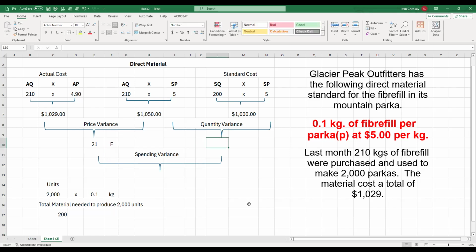Okay. How about here? What's the variance here? It's $50, not good. How are we going to say it? Unfavorable. If the other one is favorable, this should be unfavorable. Make sense?